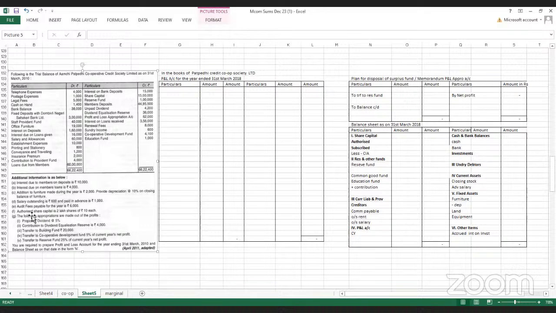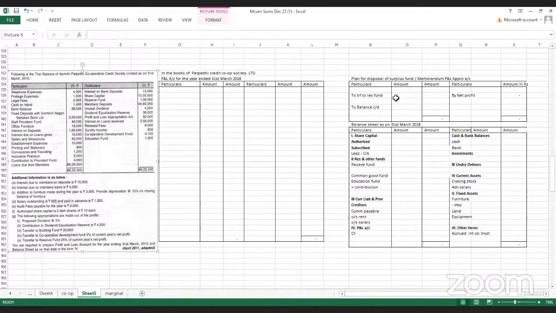Then after that, authorized share capital. We will write this in the balance sheet and we will double underline that because we don't consider it in total. After that, we are given the following adjustment: the following appropriations are to be made out of profits. There are 5 appropriations.